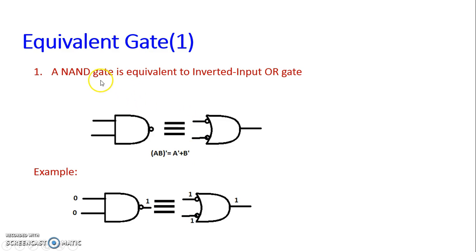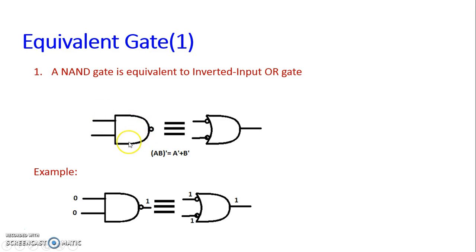We can prove that there is an equivalence relationship between the gates. For example, a NAND gate is equivalent to an inverted input OR gate. For example, this is a NAND gate. Its output is equal to (AB) bar if A is applied here and B is applied here.